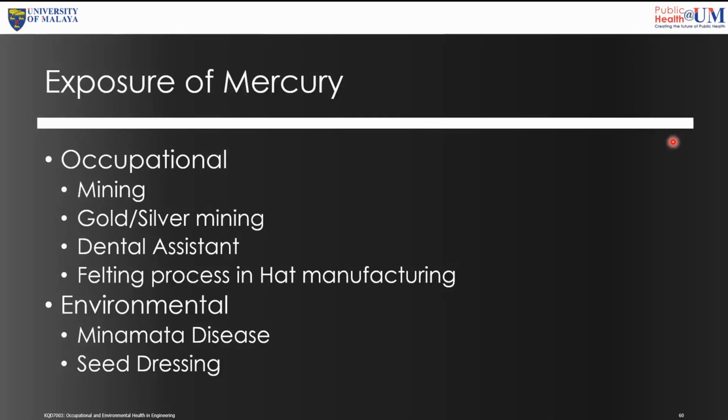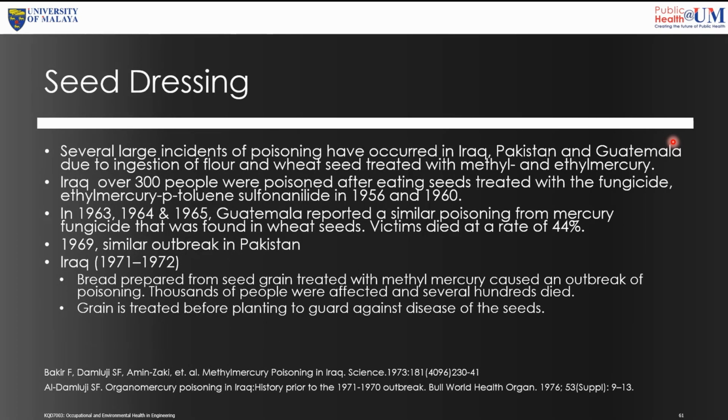The problem with seed dressing is that previously a lot of people did seed dressing, and I think currently there still is. Basically, they dress the seed with mercury or any other pesticide so that it can last longer and doesn't get affected by biological substances like fungus or bacteria. The problem is that when you give it to people who are hungry, instead of growing the food they eat it, and that's where you get mercury poisoning. So, seed dressing.